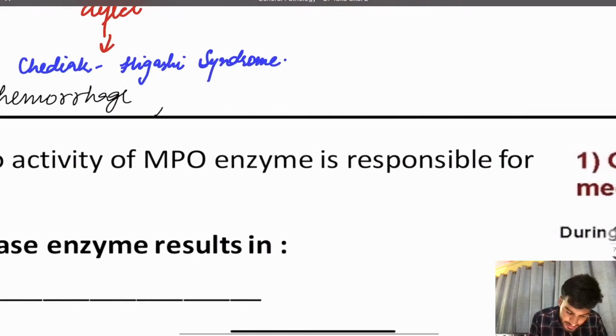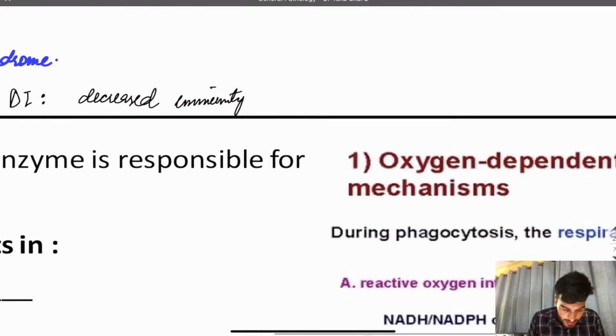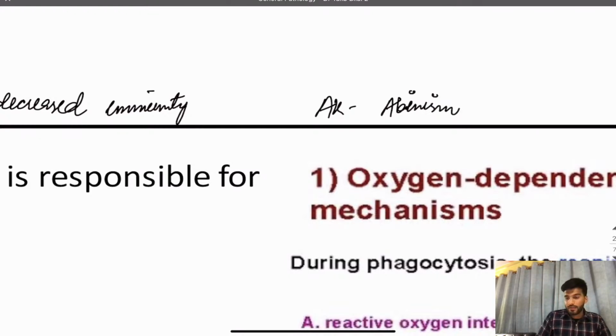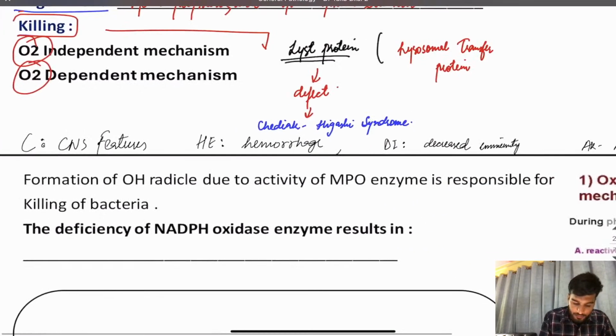DI for decreased immunity. AK for albinism. So in Chediak-Higashi syndrome, guys, you will remember that the patient will have CNS features, hemorrhage, decreased immunity, and albinism.